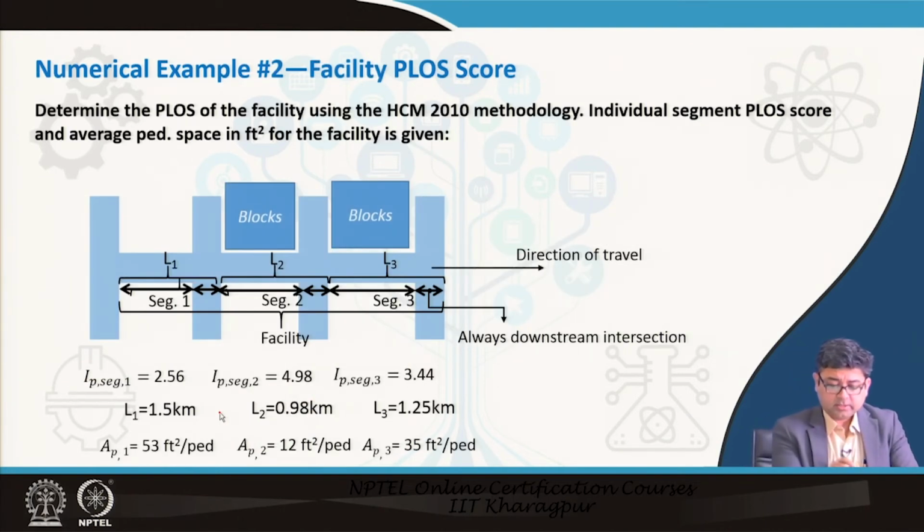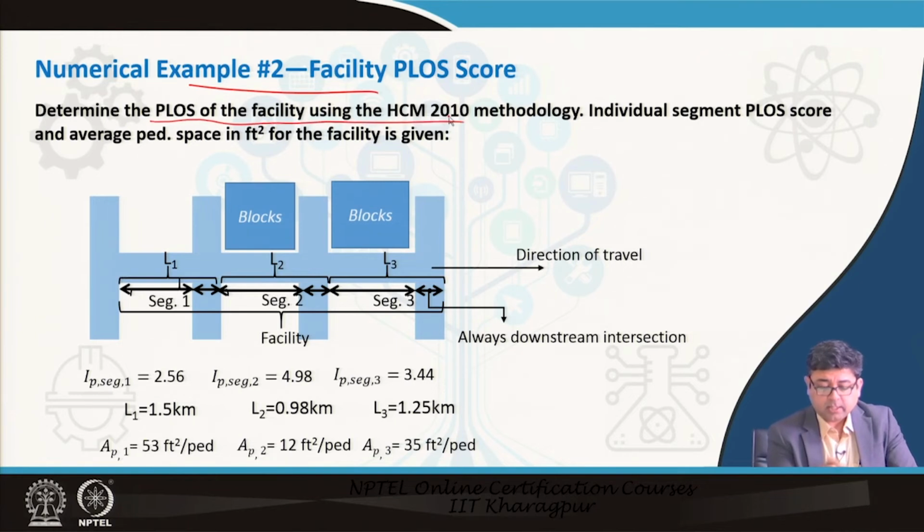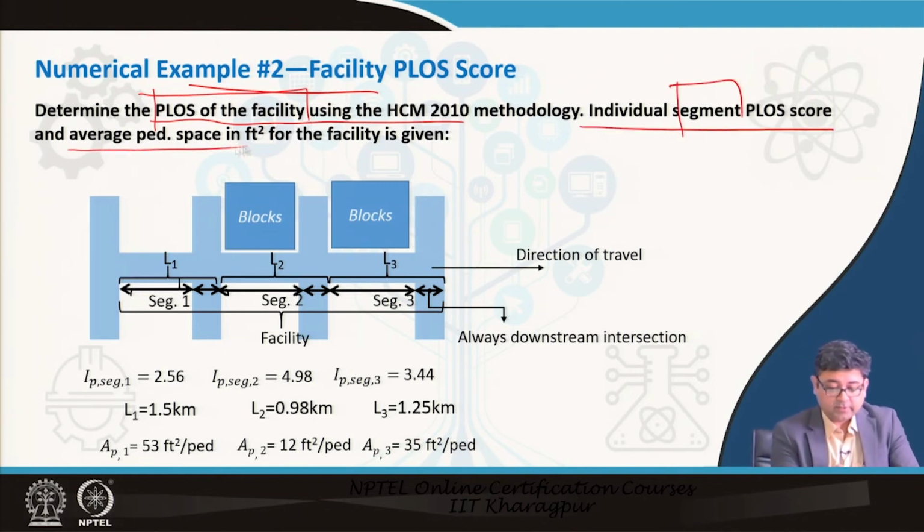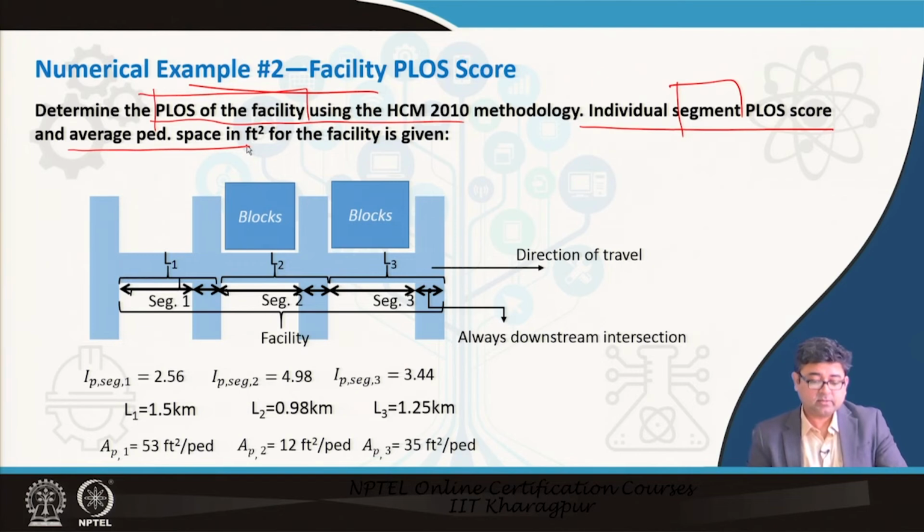Similarly, now in the second example, what we want to find out is, if you have multiple such segments, multiple links and intersections, and you want to calculate the pedestrian level of service of the entire facility, how do you do that? You have to calculate the pedestrian level of scores for individual segments, and you have to have an average pedestrian space in square feet in order to understand that.